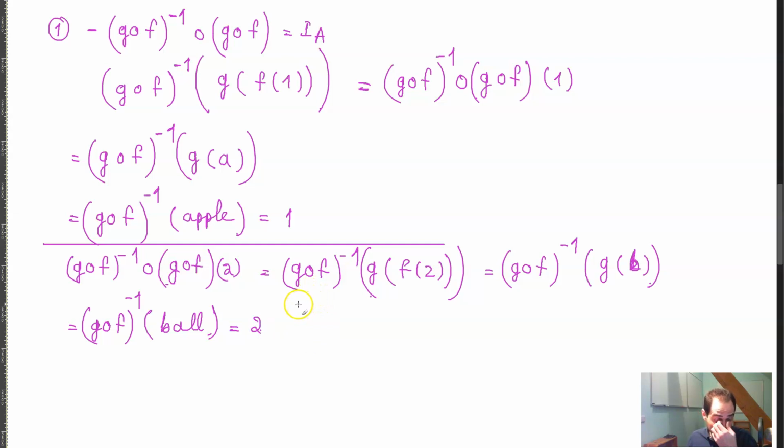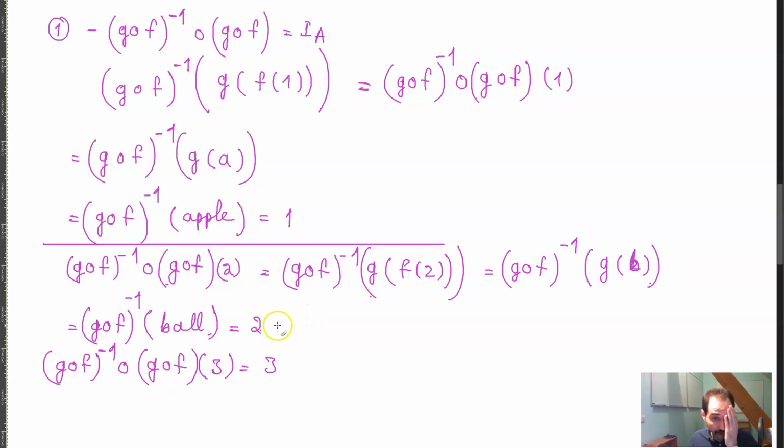So that means that if you try the third input for f, what you will get is that (G∘F) inverse composed with G∘F of 3 will give you a 3, right?